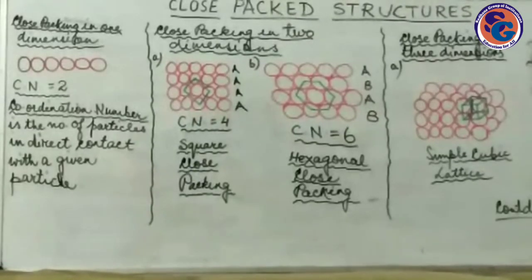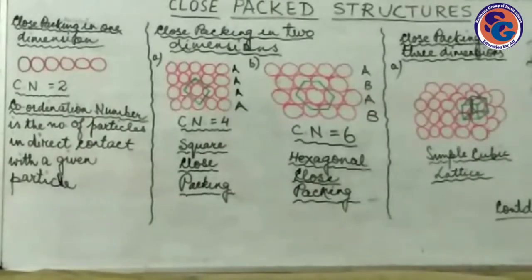In this type of close packing in 3 dimensions, the second layer is placed over the first layer in such a way that the spheres of the upper layer are exactly above those of the first layer. That is, the AAA type of close packing in 2-dimensional structure is repeated here.